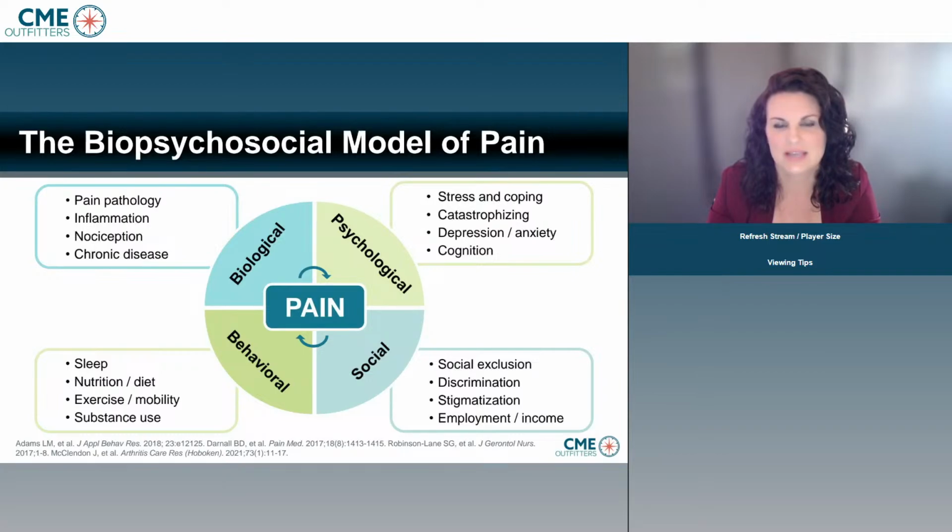And so it takes a comprehensive approach to address the pain adequately. Think multimodal therapy, think multidisciplinary care. That's really the gold standard for managing chronic pain and addressing all aspects of this biopsychosocial model that you see on your slide here. We have the biological component, such as pain pathology and inflammation.